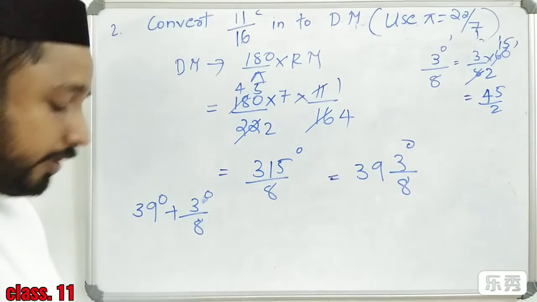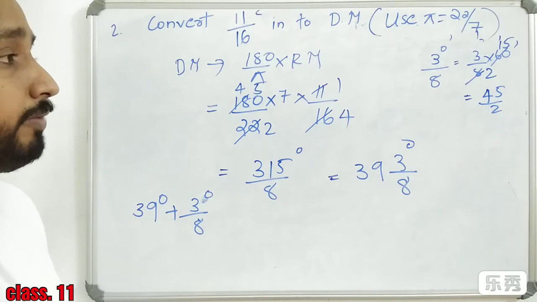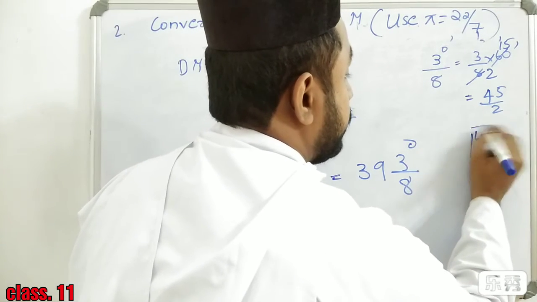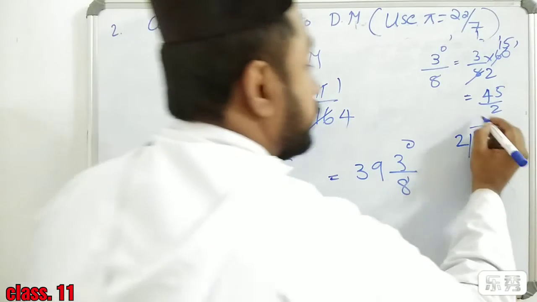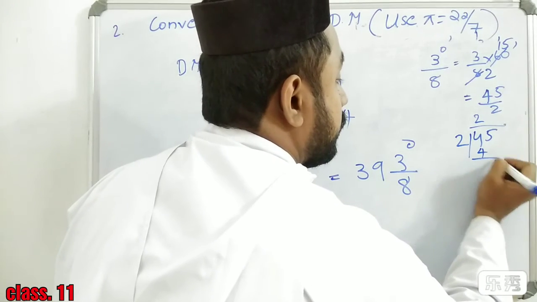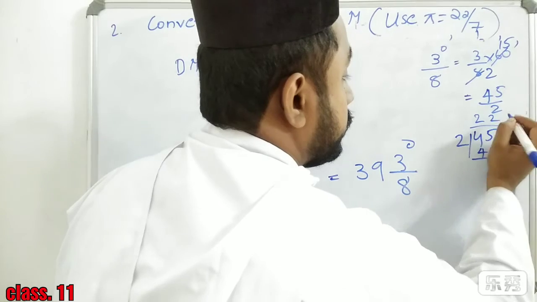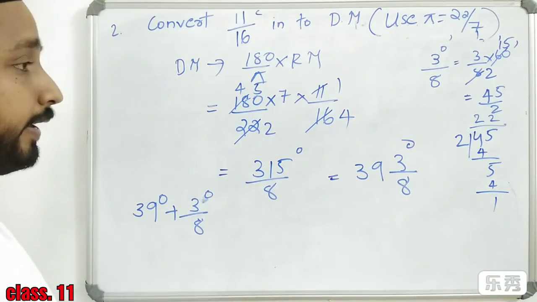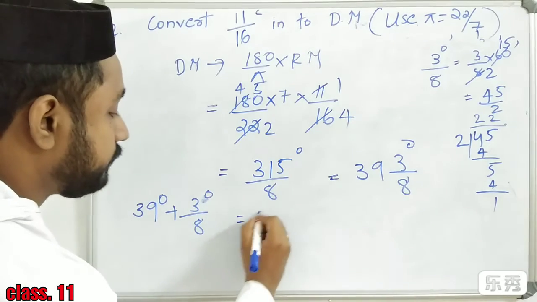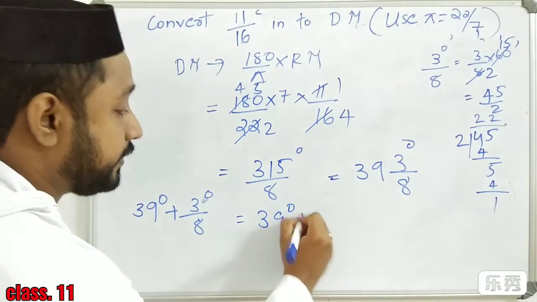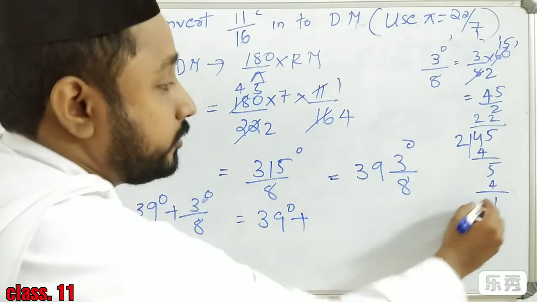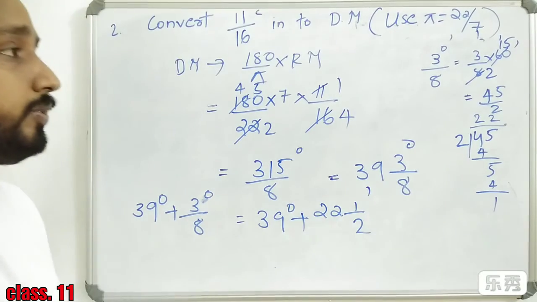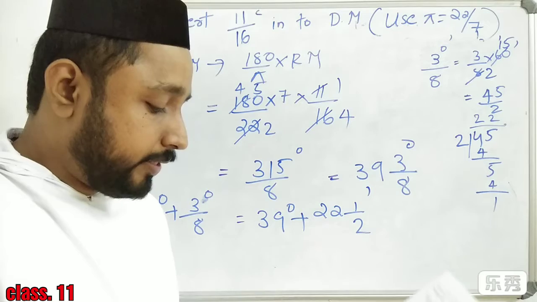When we divide, 45 by 2 means 22 remainder 1. Therefore, 3 by 8 degree is equal to 22 1 by 2 minutes, so it is 39 degree plus 22 1 by 2 minutes.